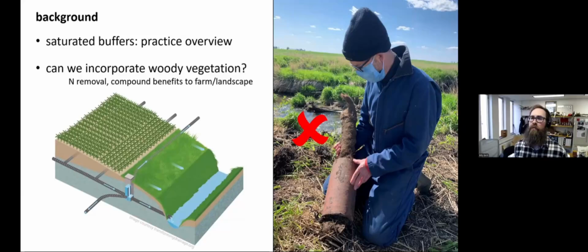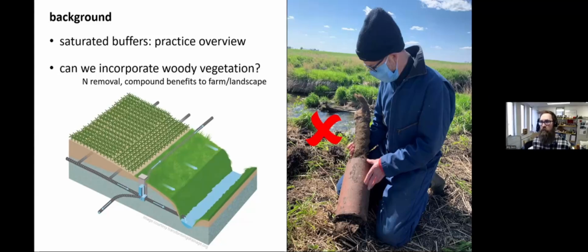And then also, we do know that trees add value to the farm and also compound benefits like ecosystem goods and services to the landscape. So can we do two things at once? Can we get some N removal from tile drainage? And can we add a unique structure, unique species composition, diversity to the ag landscape with trees?